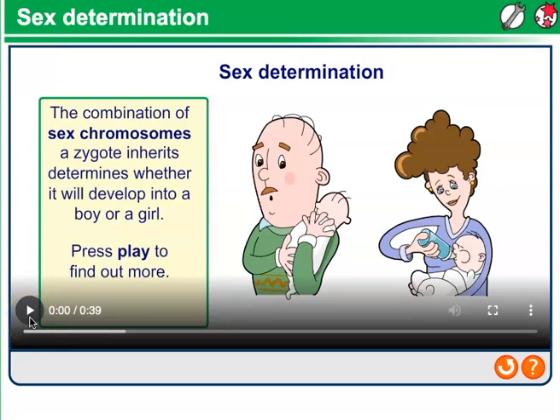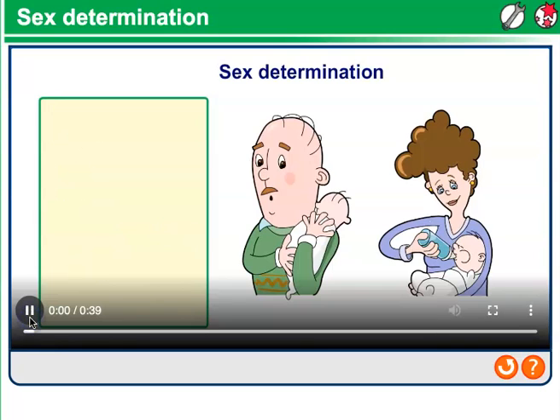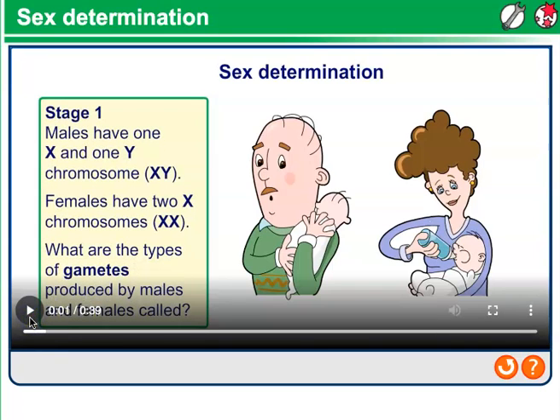The combination of sex chromosomes a zygote inherits determines whether it will develop into a boy or a girl. In stage 1, males have one X and one Y chromosome, XY. Females have two X chromosomes, XX. So what are the types of gametes produced by males and females called?